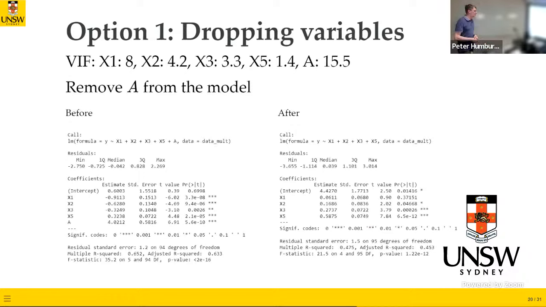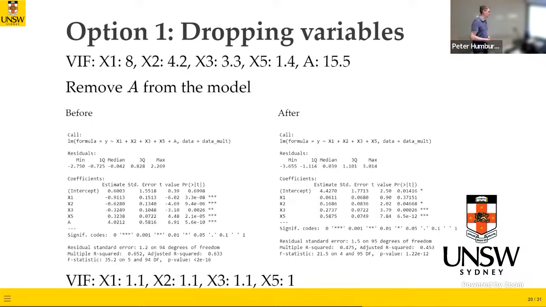And this is what happens. I don't know whether you can read it. It's quite small, unfortunately. But on the left-hand side here, we have the model that we had before. And on the right-hand side, the model we get after I removed A. Then the variance inflation factors for the remaining variables are all fine, as you'd expect, because these are indeed independent.